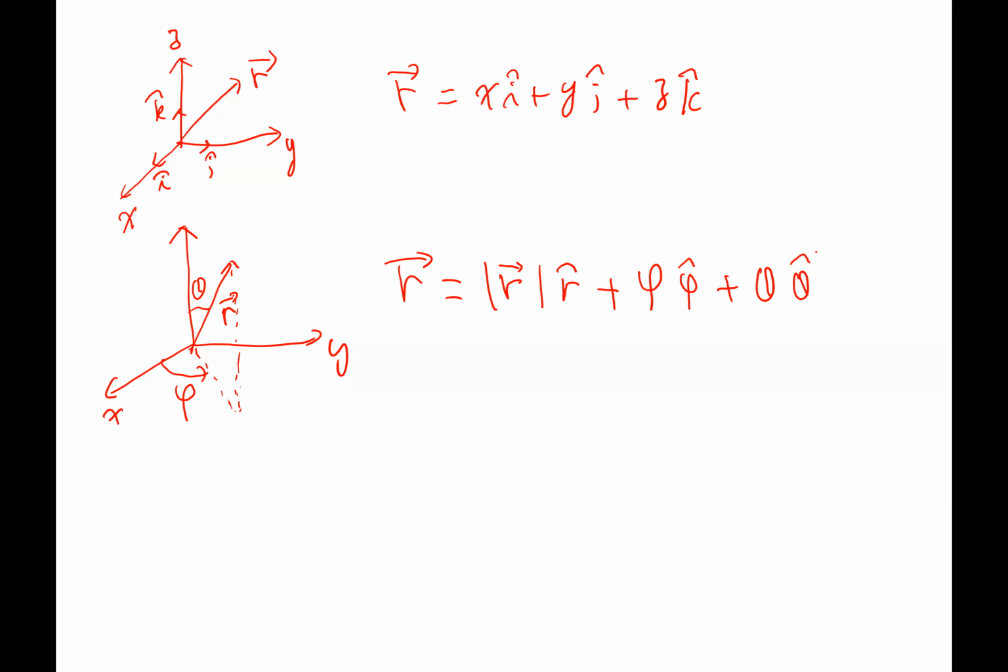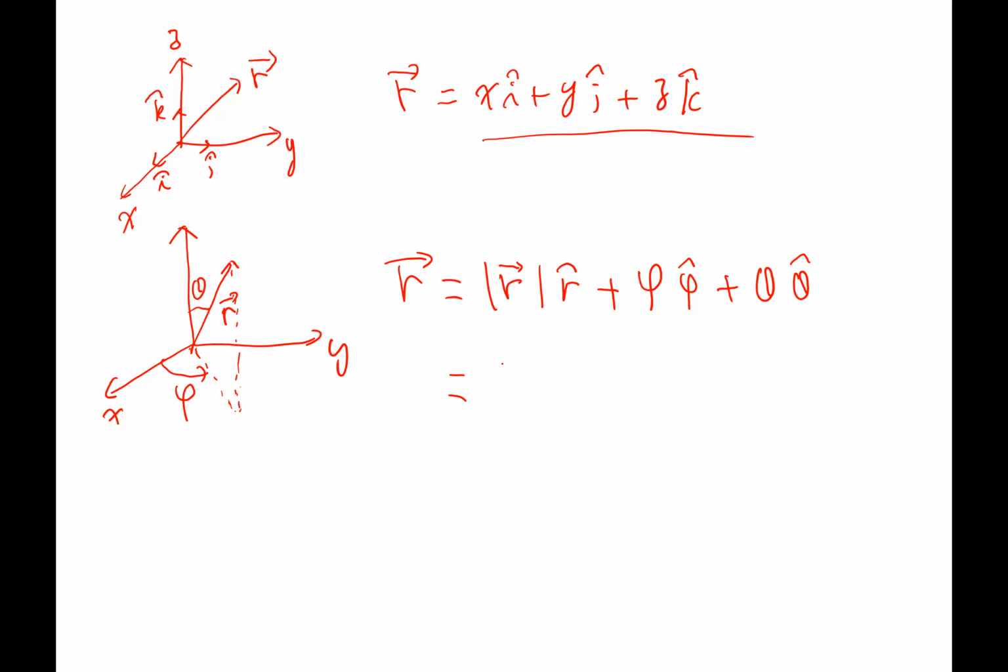But the problem is that we are not so familiar with this kind of coordinate system. So normally we don't do this. We still go back to our XYZ coordinate system, and we convert this.